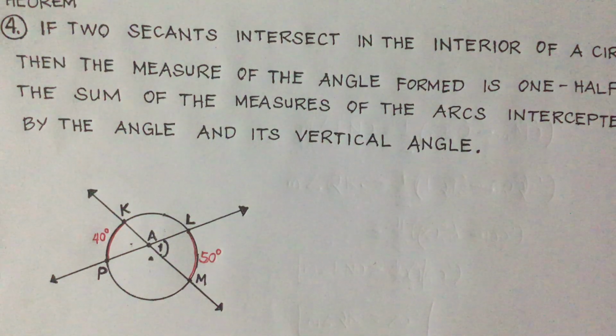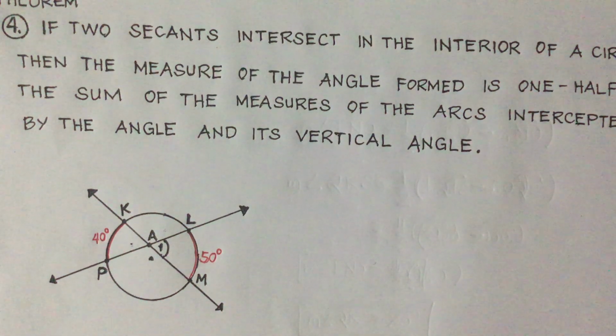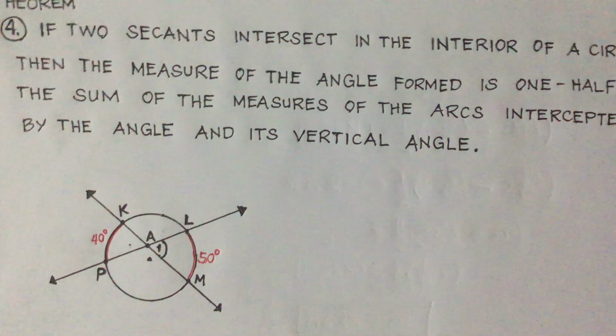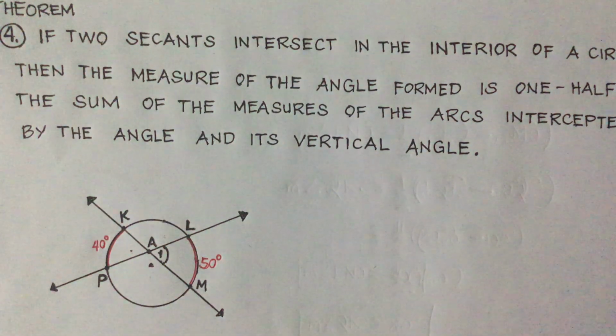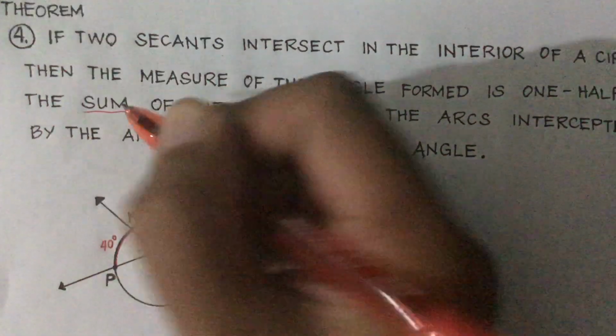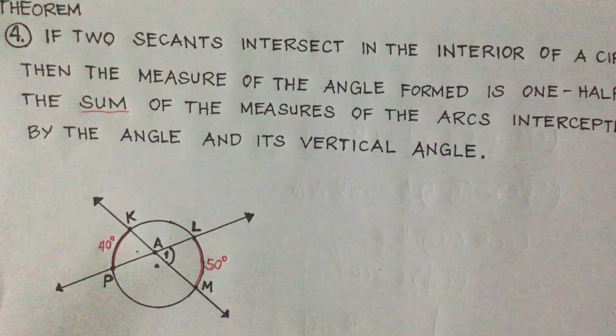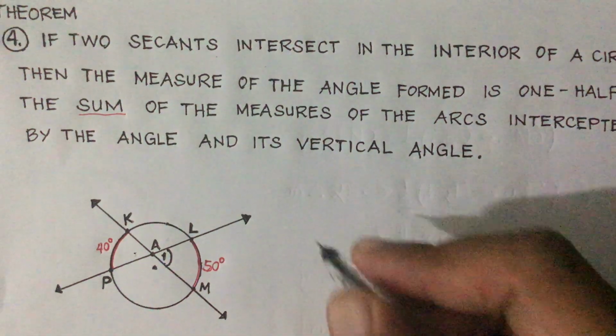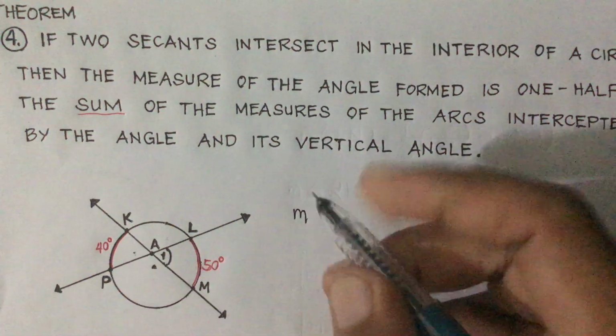So two secants intersect in the interior of a circle. So then the measure is 1/2 the sum. So we are going to add. So 1/2 the sum. So this one, the sum of the measures of the arcs intercepted by the angle and its vertical angle. So how to solve? So measure of angle 1.